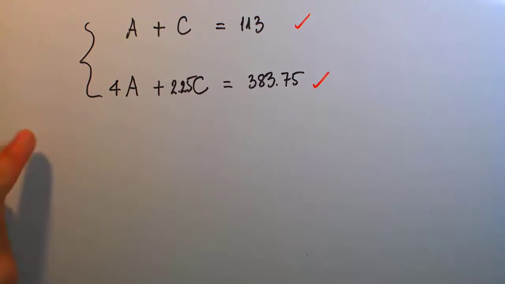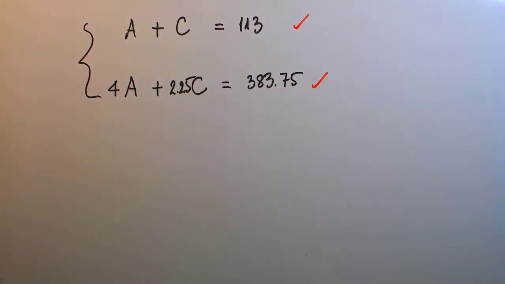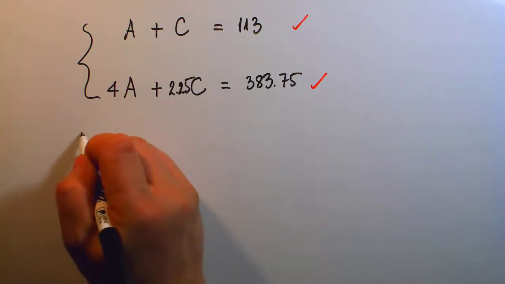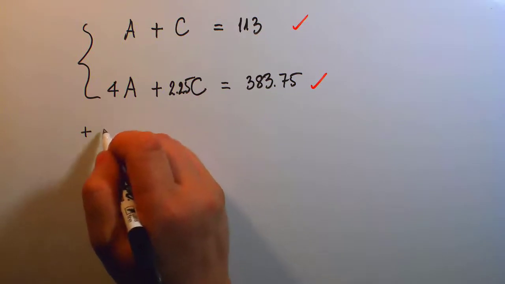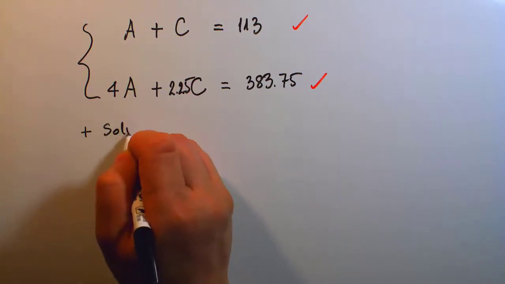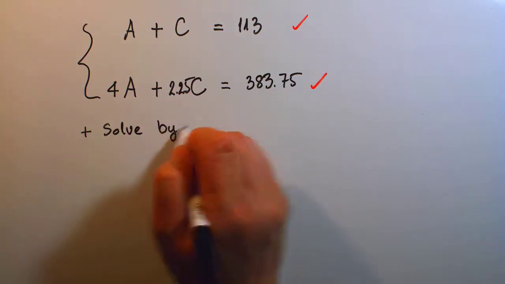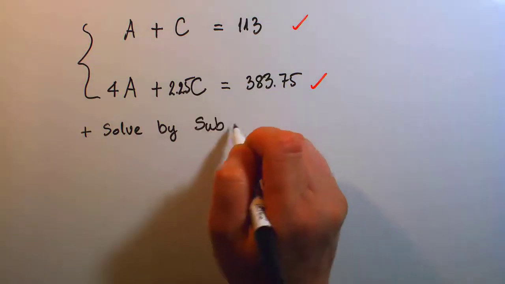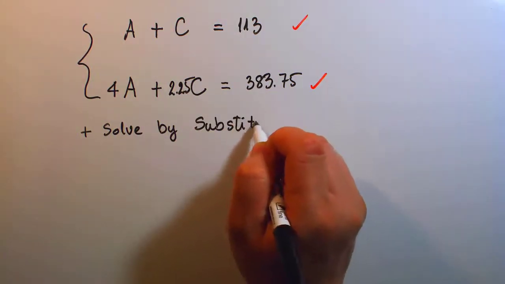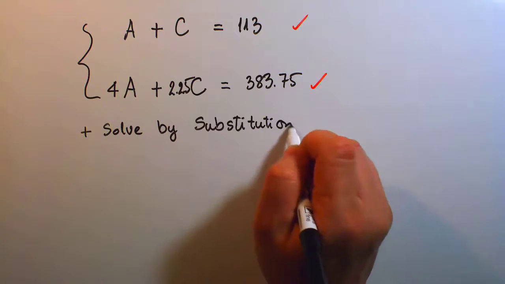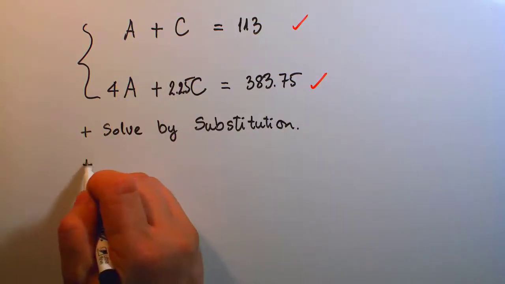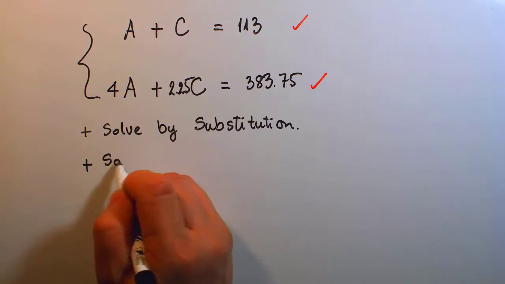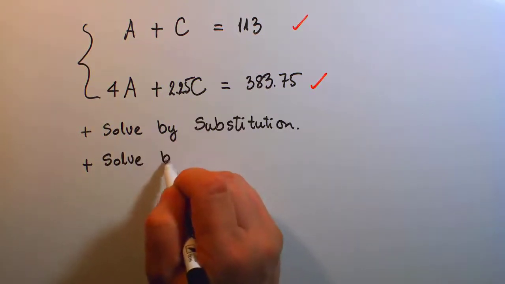As a method to solve this system, we have three different methods available. Anyone can solve this system by doing a substitution. This system of linear equations can also be solved by elimination.